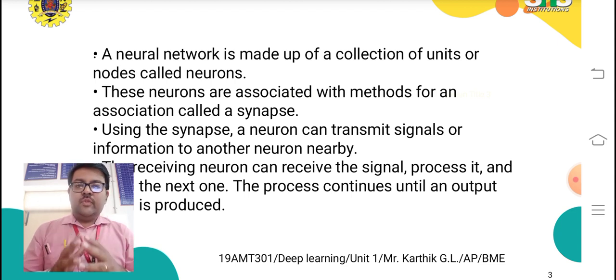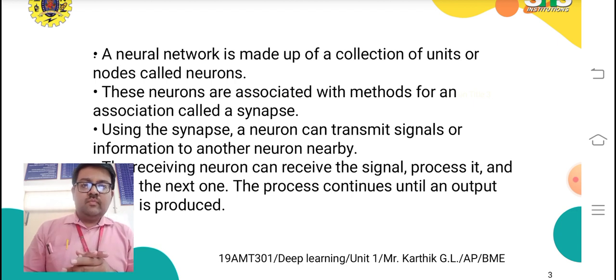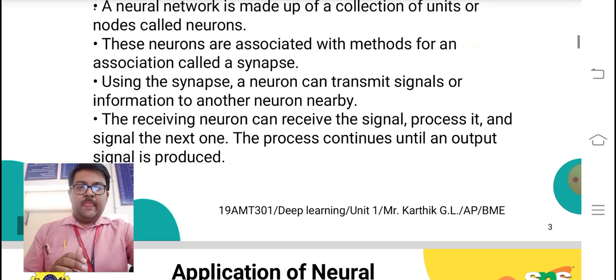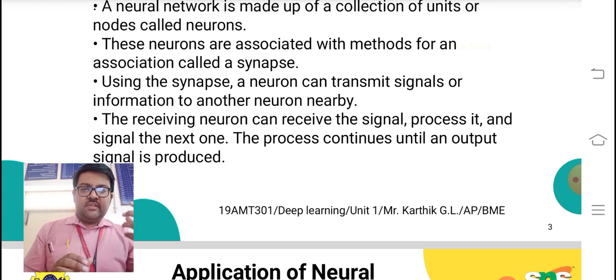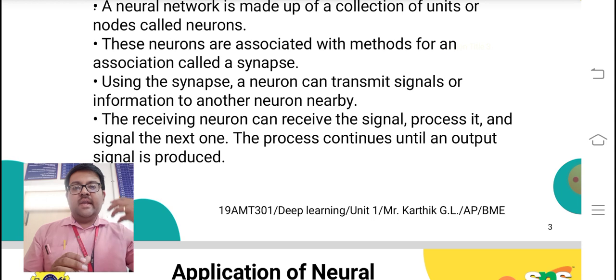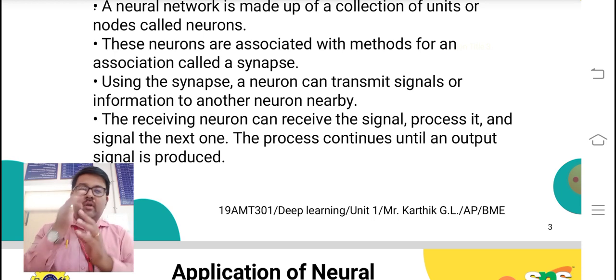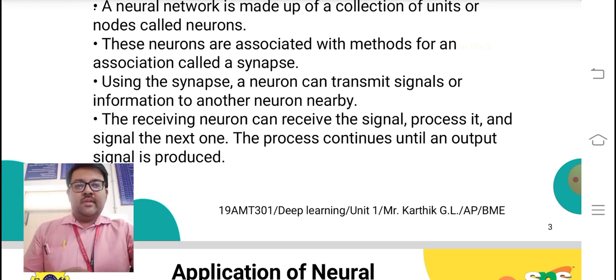In an artificial neural network, the synapse is the association between two nodes or neurons. The receiving neuron can receive the signal, process it and transfer it to the next one, and the next neuron will process the signal and transfer it to another one. Likewise, the signal from one neuron gets transferred to another neuron.